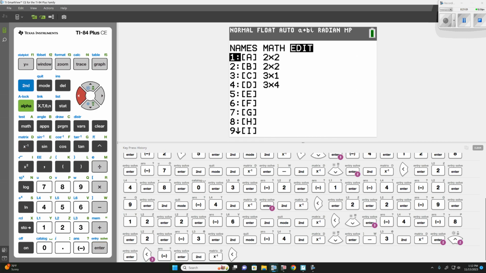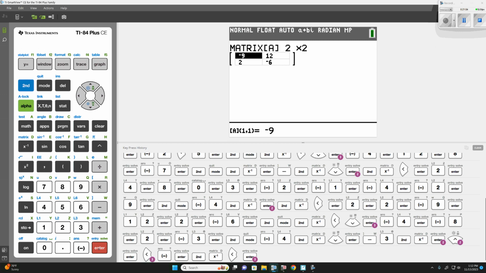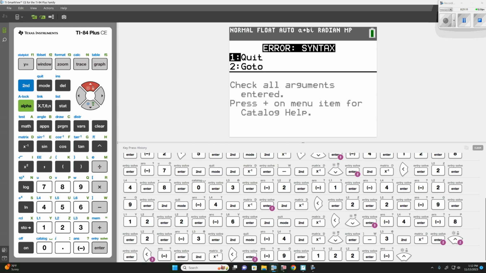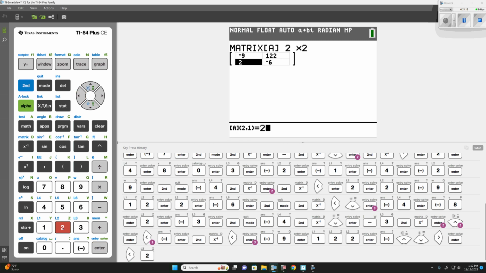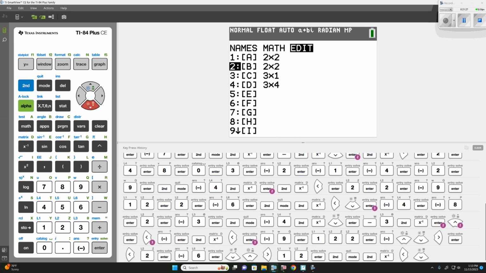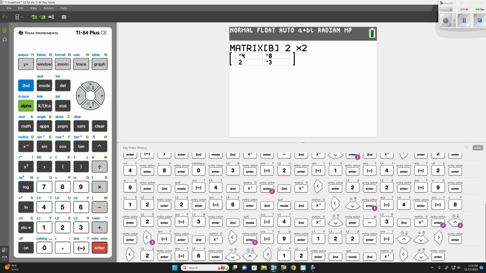Matrix A is a 2 by 2: 6, negative 3, negative 10, negative 2. Helps if I'm on the right page.